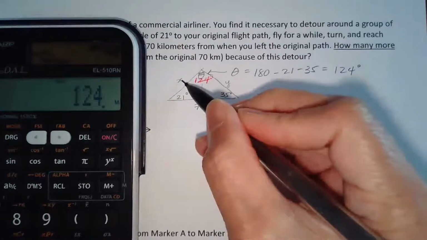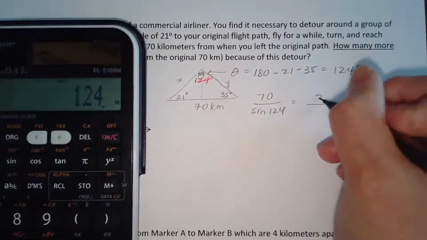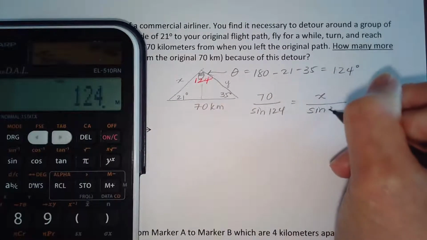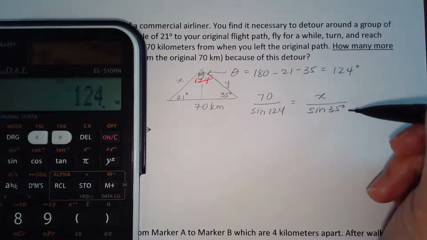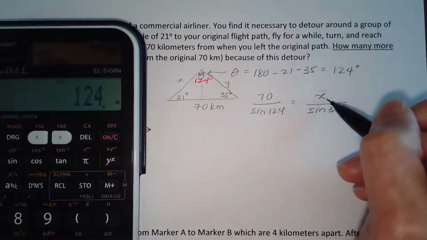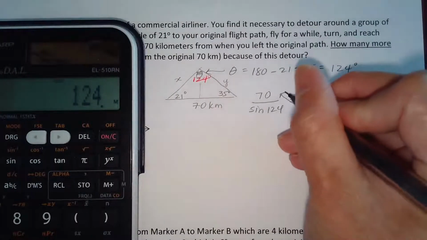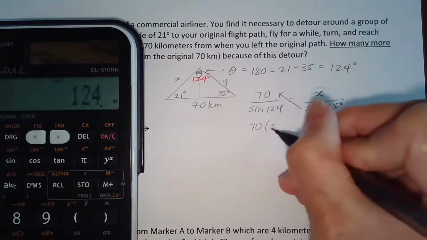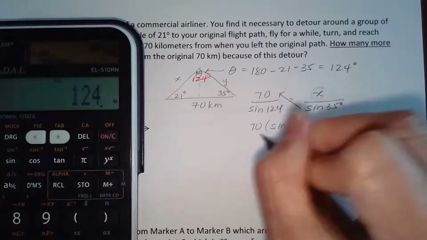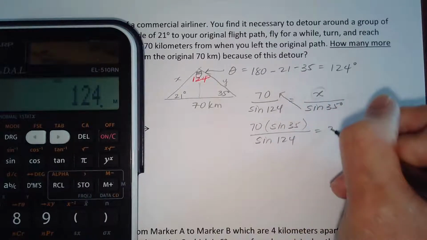Let's calculate the X first. So the X, the side, over sine of 35 degrees. We've seen this a few times now. Now that it's set up, we're solving for X, so we cross multiply. So it's 70 times sine of 35 divided by sine of 124 equals X.